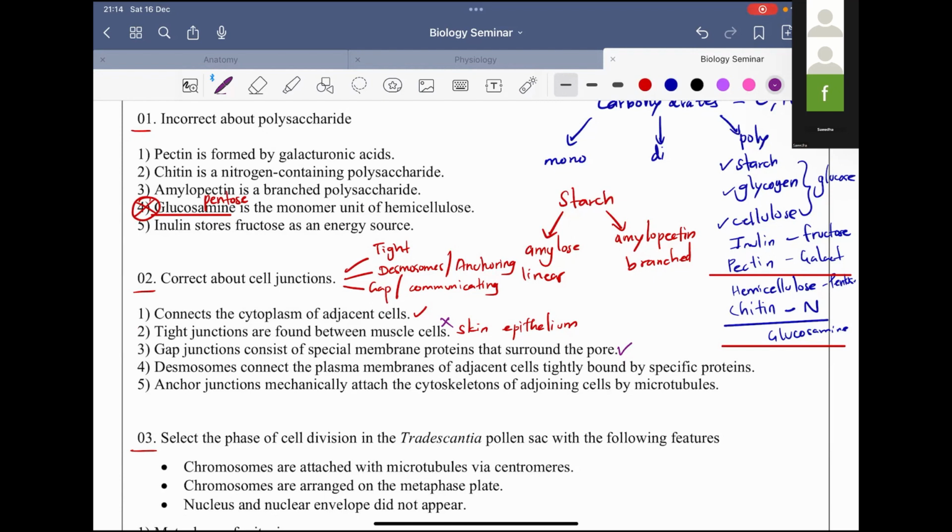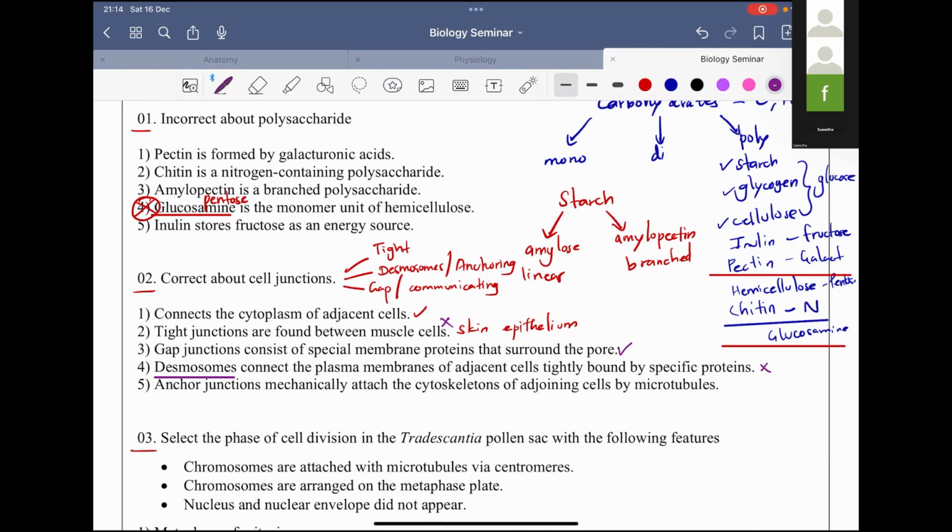There is nothing like plasma membranes here. The plasma membrane is related to the tight junction, which connects the plasma membranes. If they had given tight junction here, the statement might be correct. But they told you desmosomes connect the plasma membrane, tightly bound by the specific protein. It's a false statement.